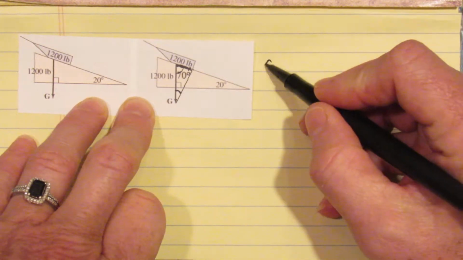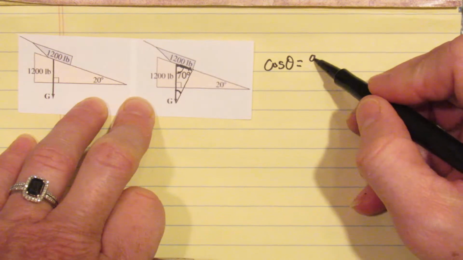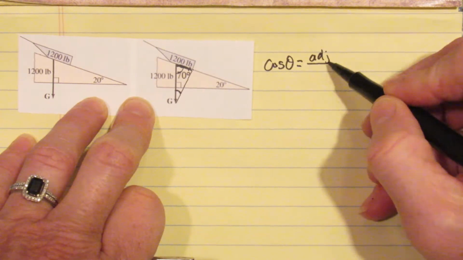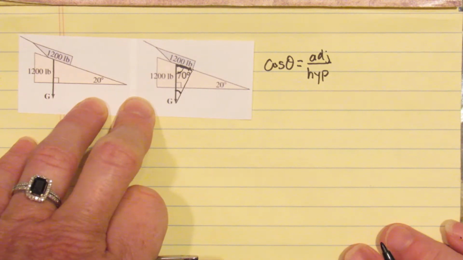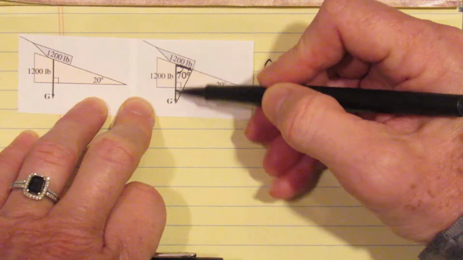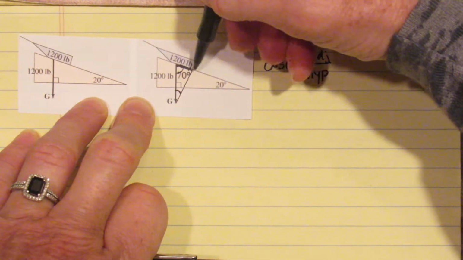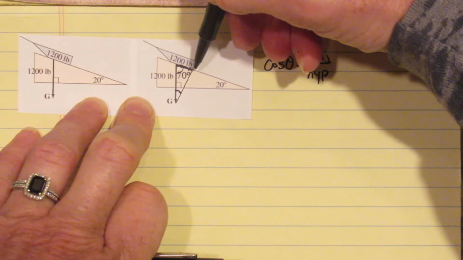So cosine of an angle is equal to the adjacent side over the hypotenuse. And in this case, the hypotenuse is the straight vertical force of the weight, and the adjacent side is the little segment of that right triangle that's right along the ramp.